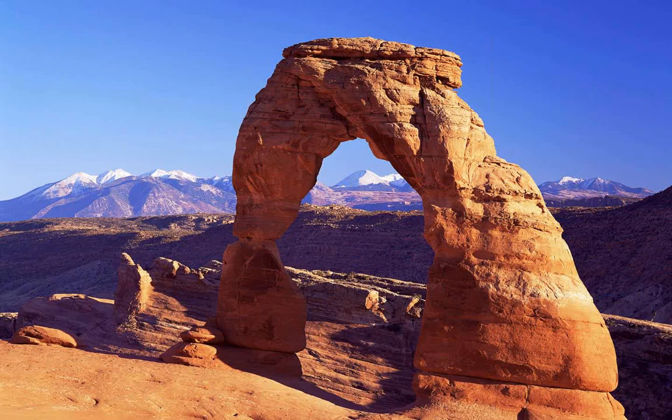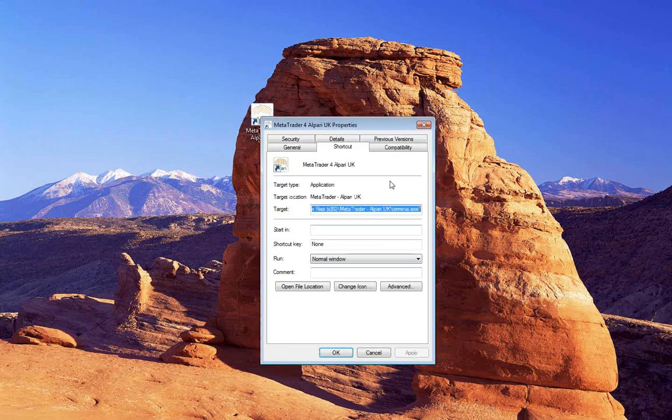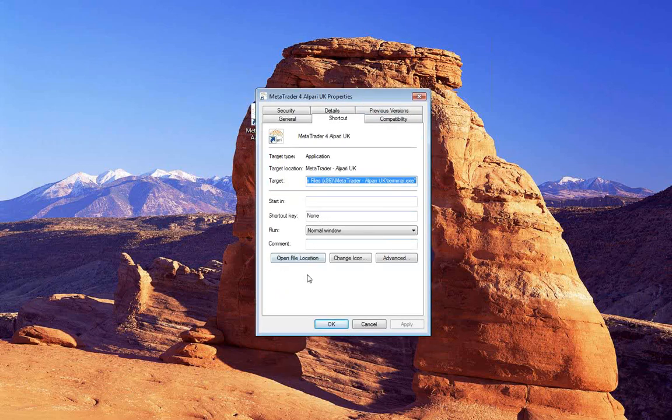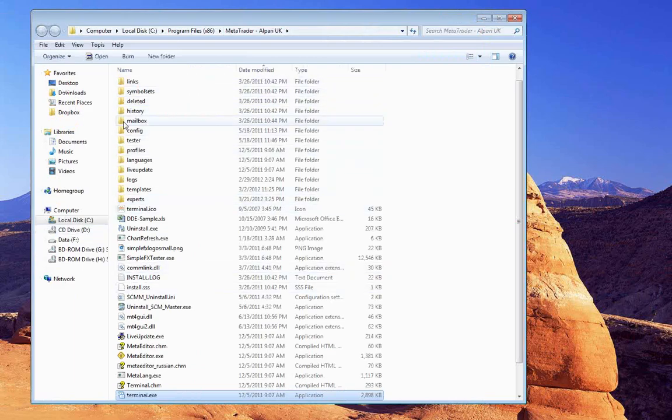Okay, just a minute guys. I'll show you a faster way to find your MetaTrader folders. If this is your shortcut to your MetaTrader folder, just right click on it, go to properties, and here there is a very nice magic button, open file location. When you click on that, it will open right away the location of the MetaTrader folder, so you don't have to go manually to local disk and then program files and so on.